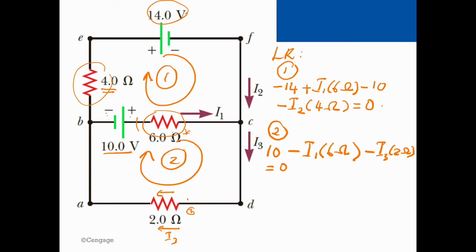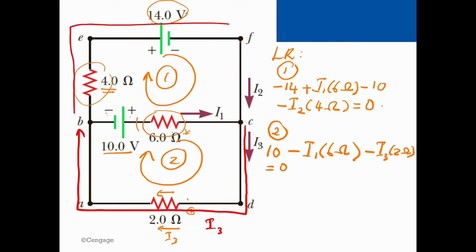For your information, from C to D to A and to B, these are all the region of I3. From B to E to F and to C is the region of I2. And I1 only travels from B to C.